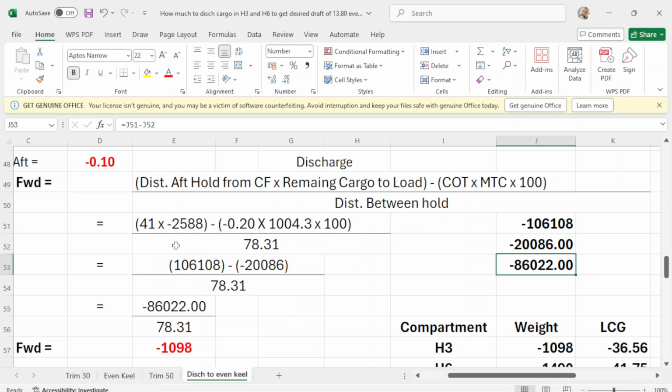Then what you do, subtract these two, this one from this one, and the value is negative 86022.